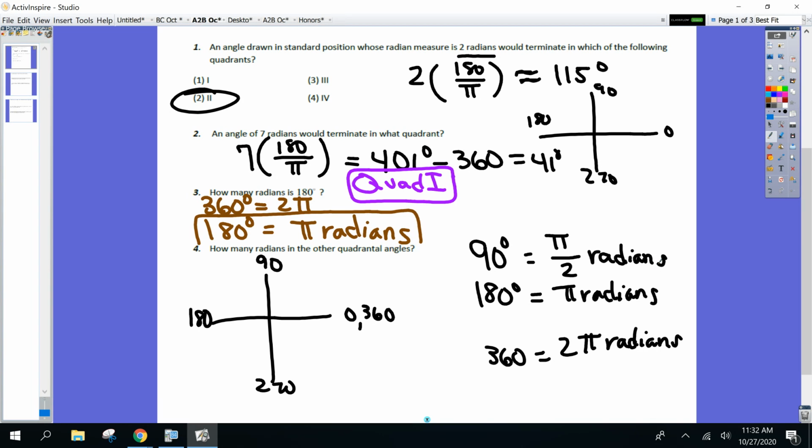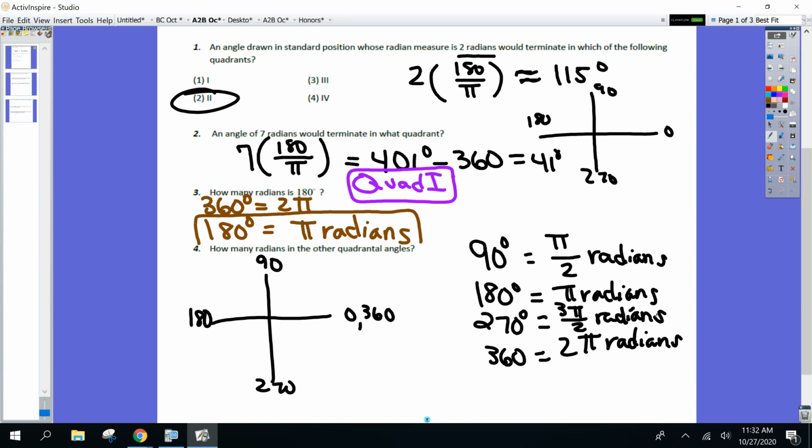All right, what's the only quadrantal angle we're missing here? 270. And I'm just going to give this one to you, instead of just playing around to see if we can find a relationship. Ready? 3 pi over 2 radians.